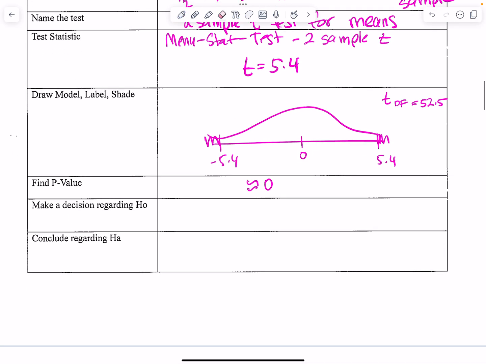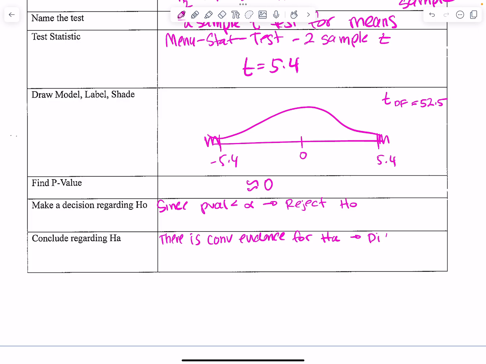So since the p-value is less than alpha, I'm going to reject H0, and there is convincing evidence for Ha. And what does Ha say?